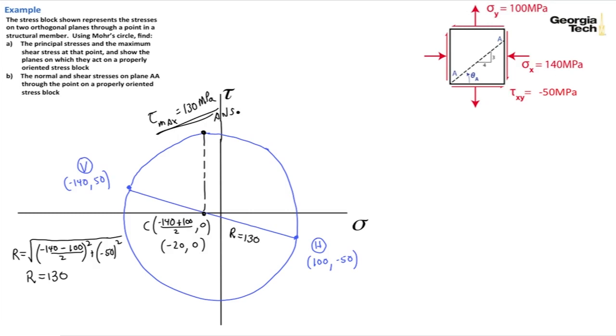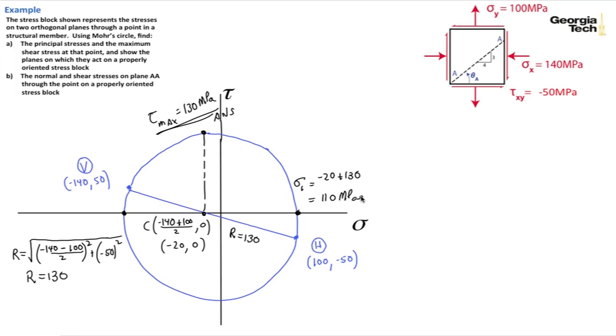Now we want to find the maximum and minimum principal stresses. And so they're going to occur where the shear stress equals 0, at this point, which is furthest to the right, and at this point, which is furthest to the left. And so sigma 1, our first principal stress, is equal to, we go from minus 20, and then we add a radius of 130. So this is minus 20 plus 130, or 110 megapascals.